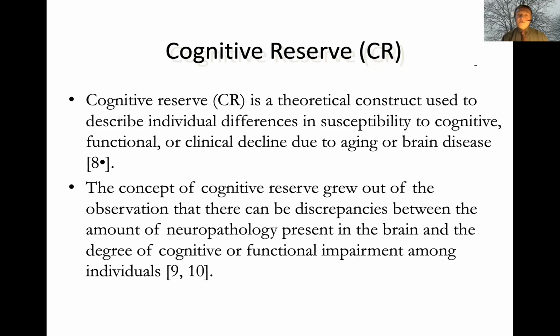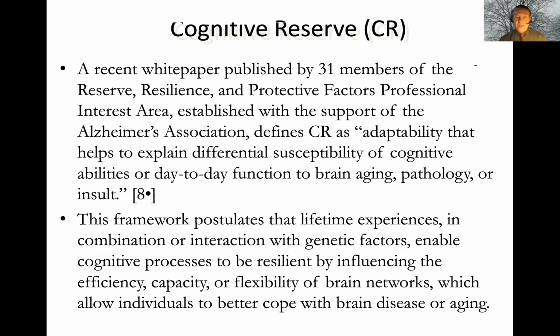An important concept to this is that of cognitive reserve, which grew out of the observation that there can be discrepancies between the amount of neuropathology present in the brain and the degree of cognitive or functional impairment among individuals.